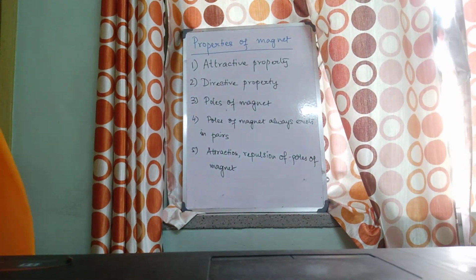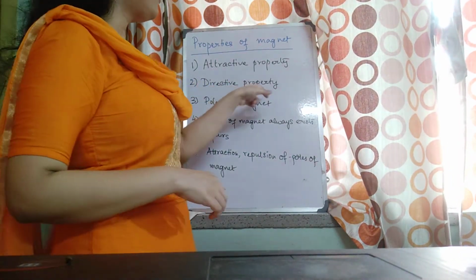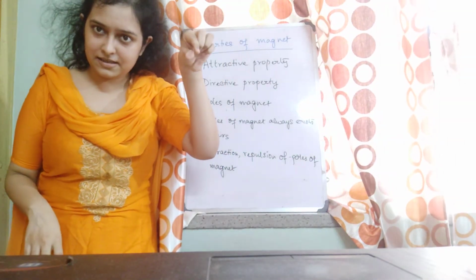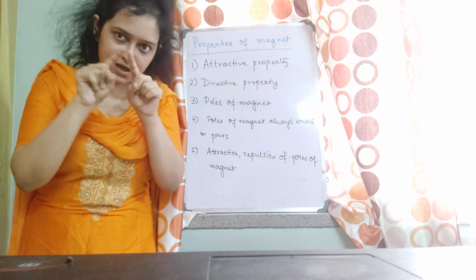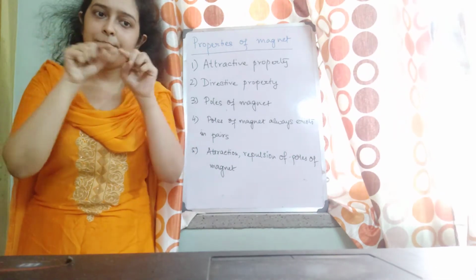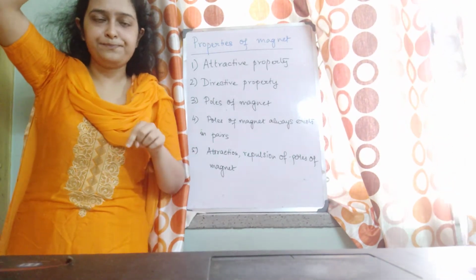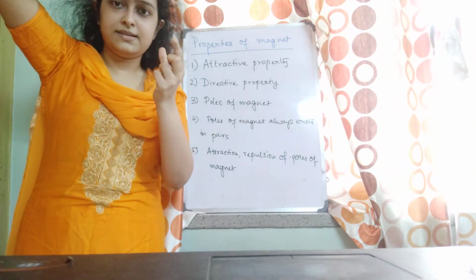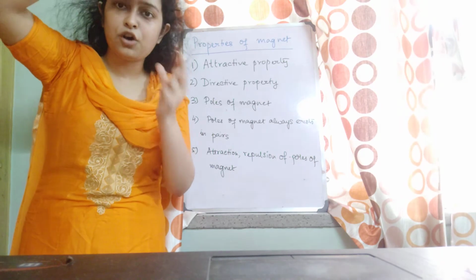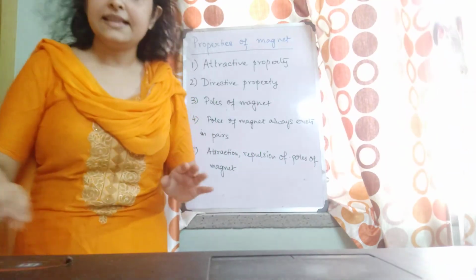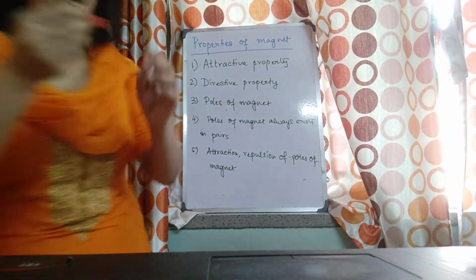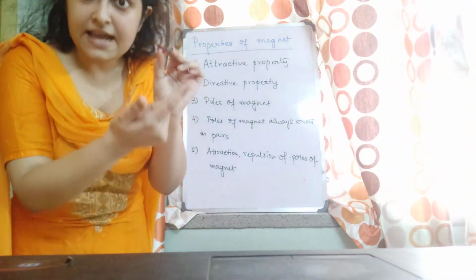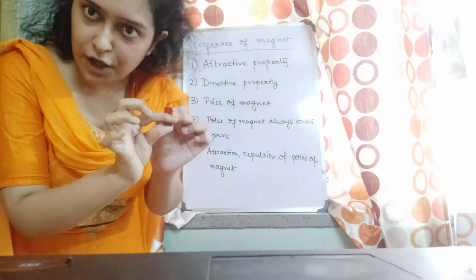Now, see the next point, directive property. If I suspend a bar magnet with the help of a string, we will find that it will point in the geographical north-south direction, in such a way that the end of the magnet which points towards the geographical north, we call the north pole of the magnet.